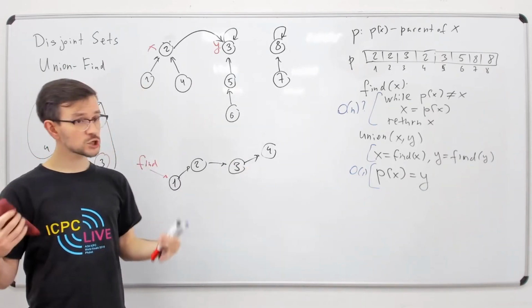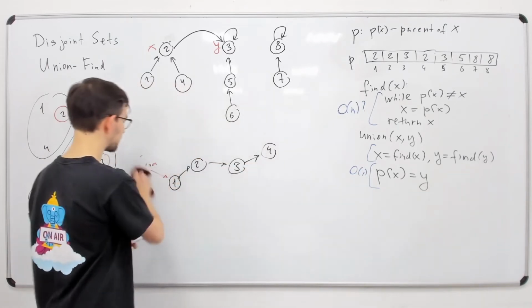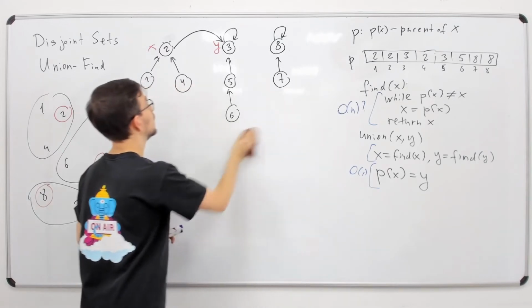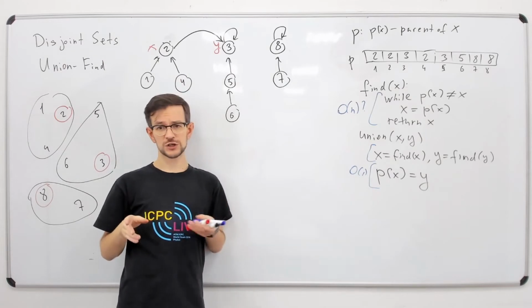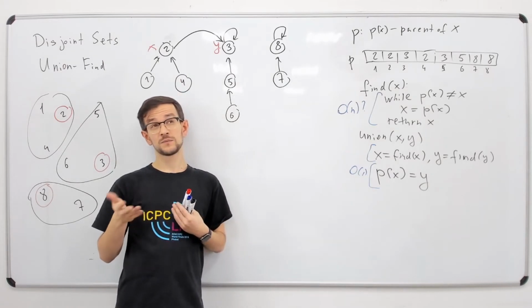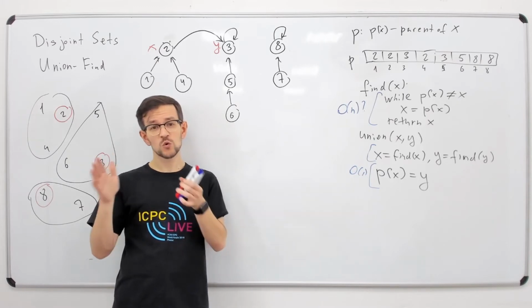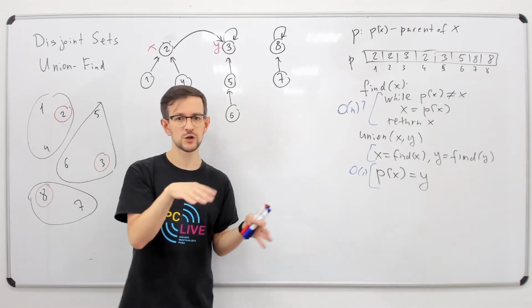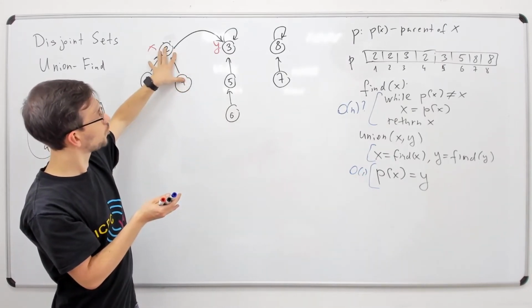And to avoid such situations, we need to make the tree balanced. How to make the tree balanced? There are different strategies. The simple explanation is that, like in the previous implementation, you need to link the small tree to the big tree.